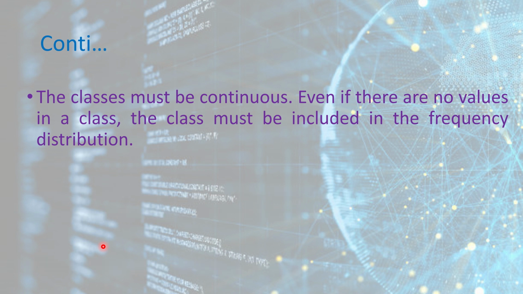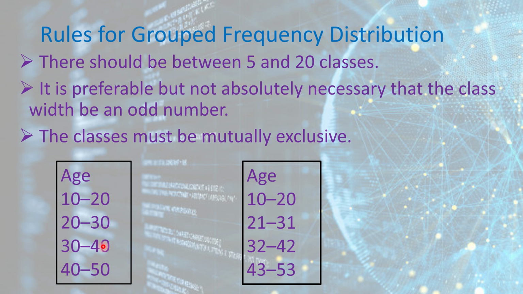Keeping one thing in mind, if you are given some classes and you want to find the class width, you see in this case the class width can be found as 20 minus 10 plus 1. If you want to find class width from the class limits, the rule is upper class limit minus lower class limit plus 1. Or we can simply take the difference between lower class limits of two consecutive classes, or the difference between upper class limits of two consecutive classes.